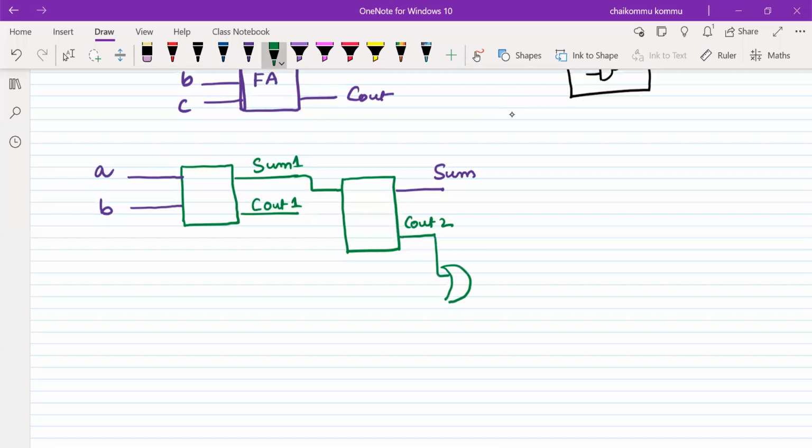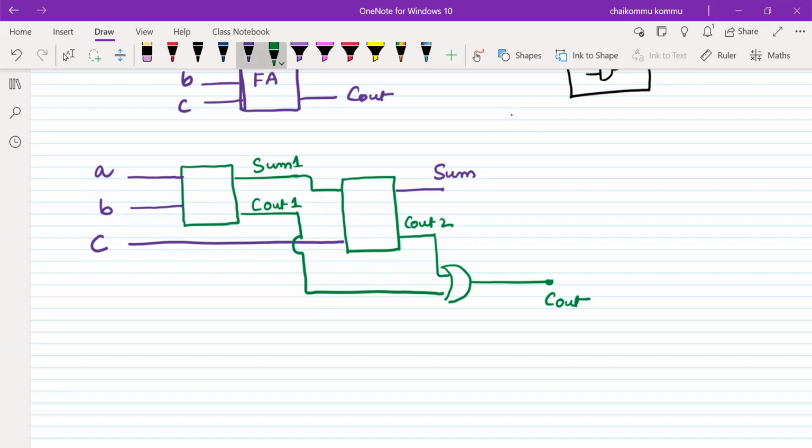So the CIN is coming from outside. But now CO2 is coming from here to here. This is what I can say is C out.